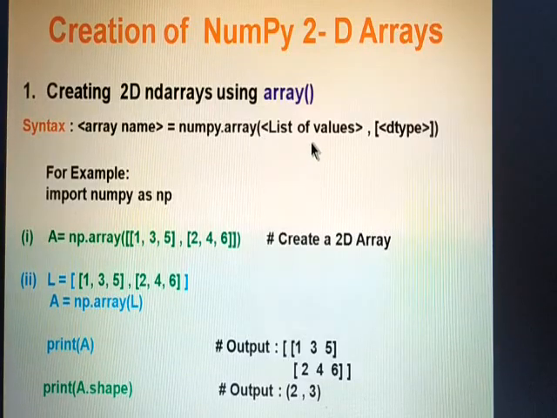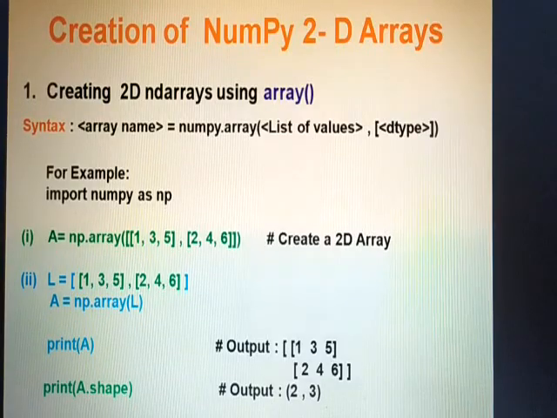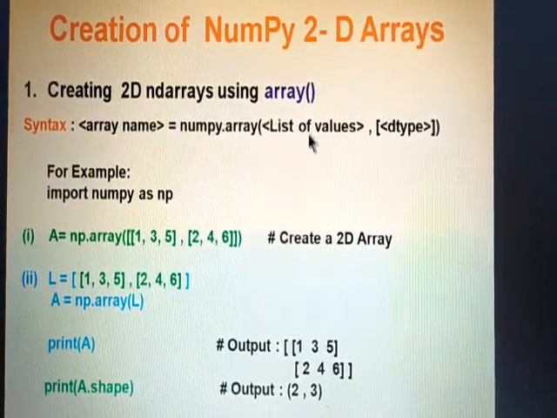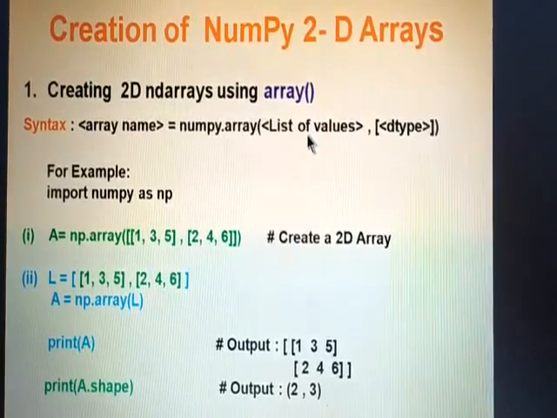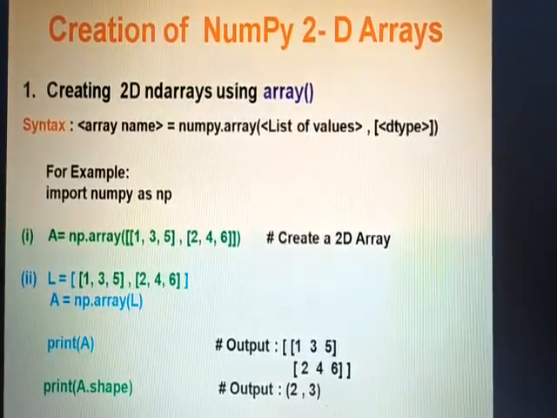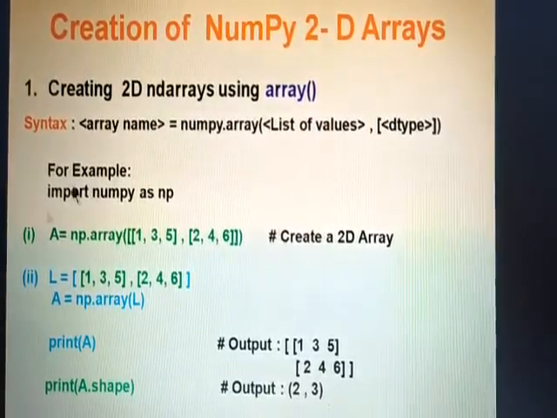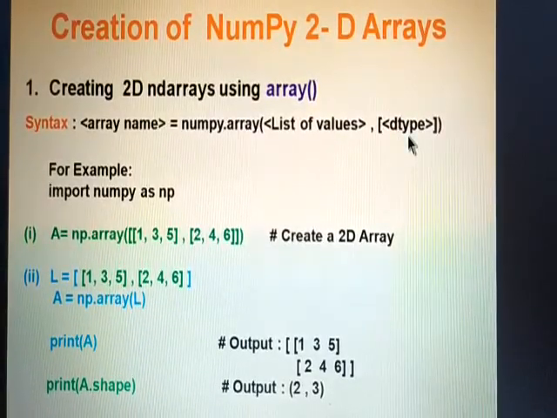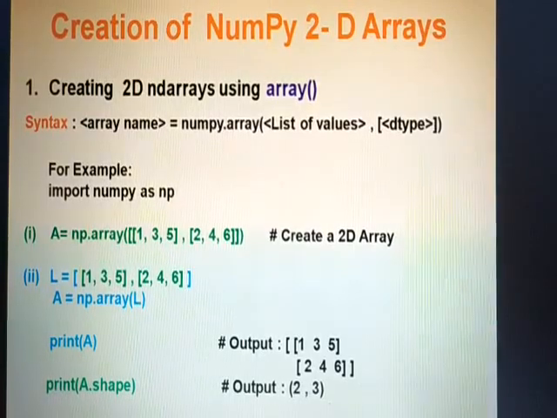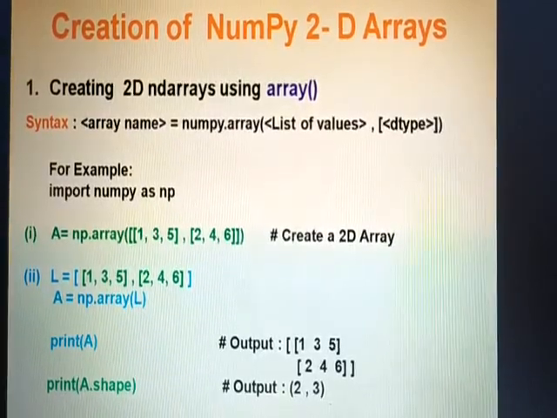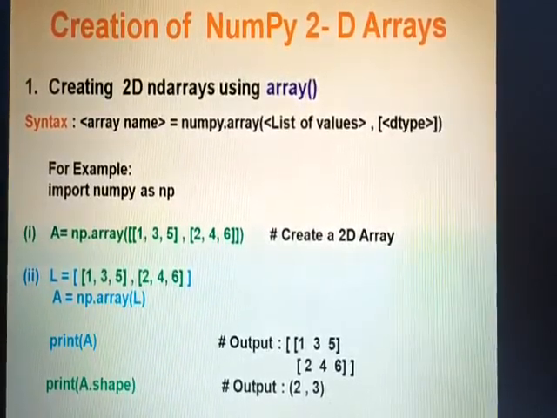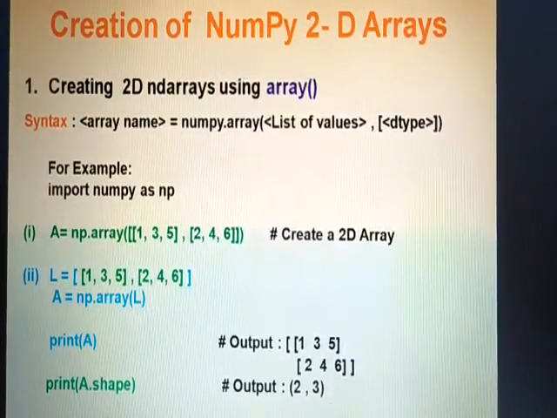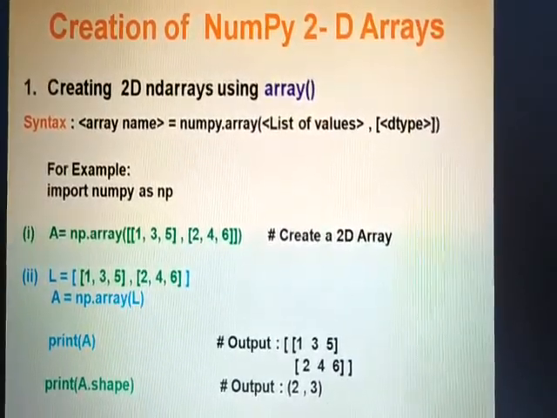Here the list of values can be either a nested list or nested tuples, or you can also pass the values directly. Then optional dtype means data type. You can specify the data type, then the data is created or stored accordingly. Now just consider the example.